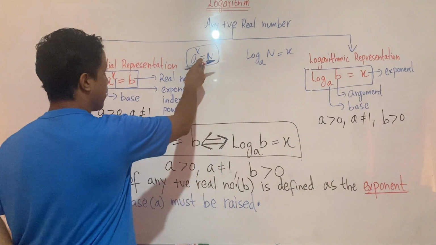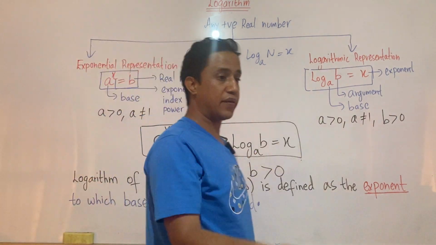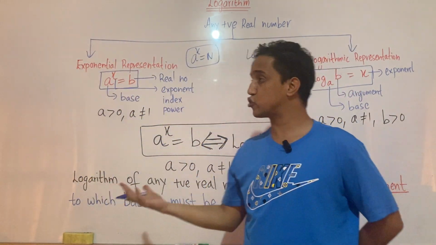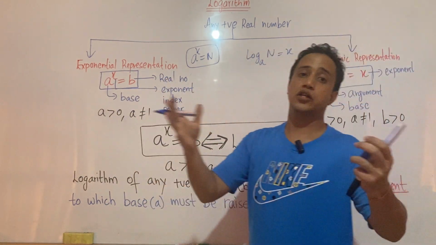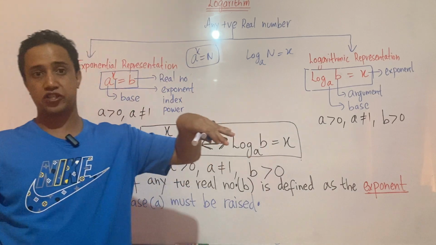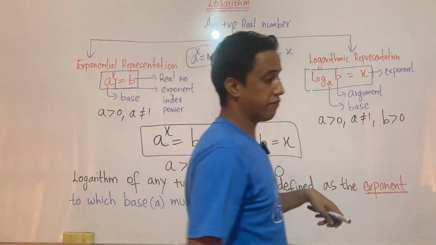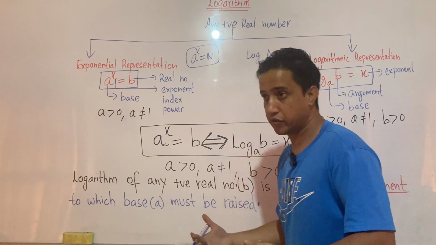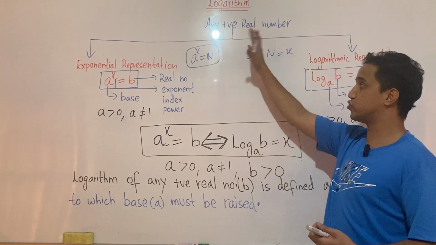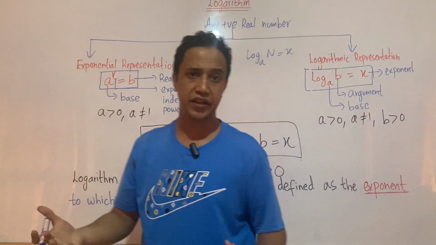Because in my previous videos, when we defined exponent functions, we used a^x equals b, I'm using the same representation. In some books they use different notations, but the meaning is the same.